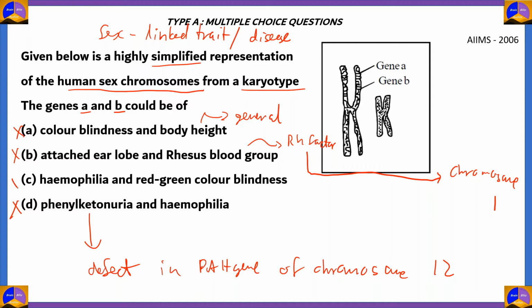The right answer is option C, hemophilia and red-green colorblindness. Both of these are sex-linked diseases, and they have the characteristic recessive X gene. So both A and B can be of hemophilia and red-green colorblindness because both of these are sex-linked trait or disease.